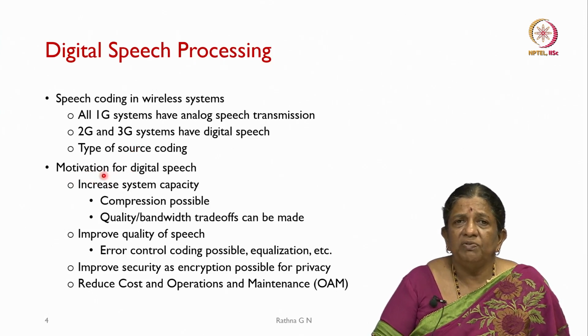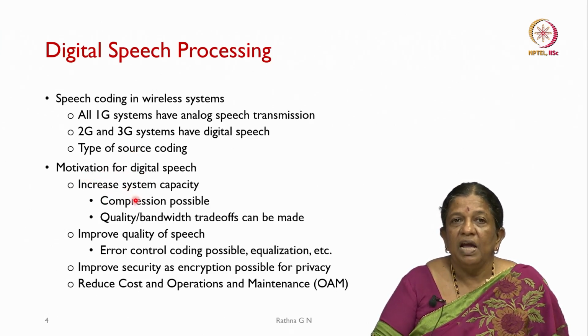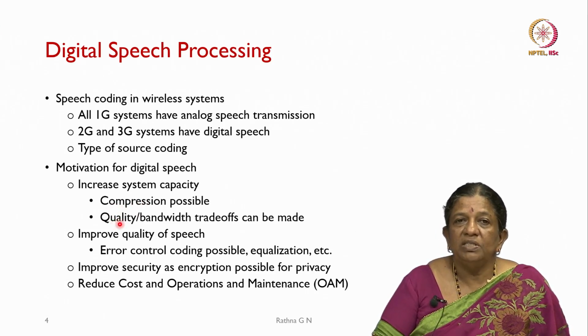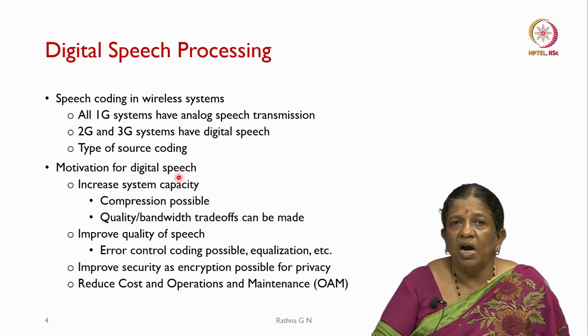So, what is the motivation for digital speech? We want to increase the system capacity, as we discussed in the previous slide, and whether it is possible to compress the speech. If it is possible, we want to compress, and storage is one thing. The other one, as we said, even in transmission, compressed speech of multiple users can be transmitted in a single line. And then what quality or bandwidth trade-offs can be made depending on our speech.